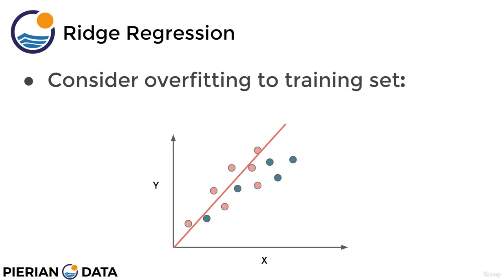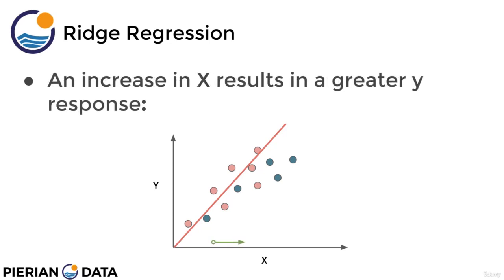Consider that you figured out you're overfitting to the training set. That means if you're overfitting to the training set and you have a single feature x, then an increase in x results in a greater y response. So note here that distance change in x, denoted by that green arrow, would end up significantly increasing with a greater y response.